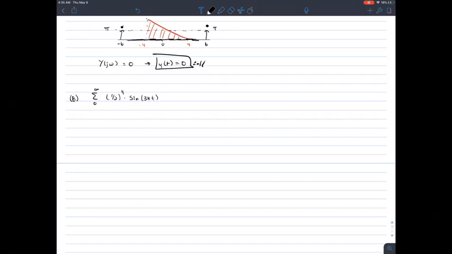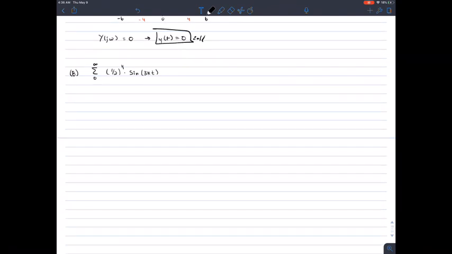Alright, so let's go ahead and look at our sheet again. Let me fix this up for you guys. Oh my gosh, that was even worse. Okay, so we need to find the Fourier transform of this, okay?